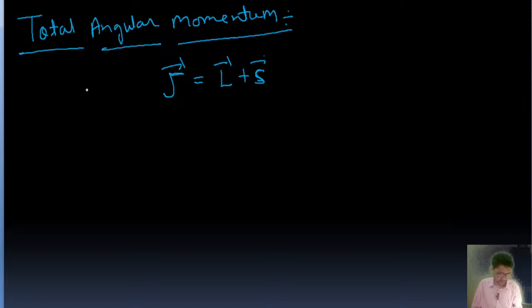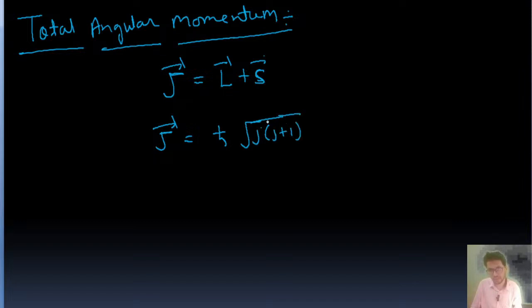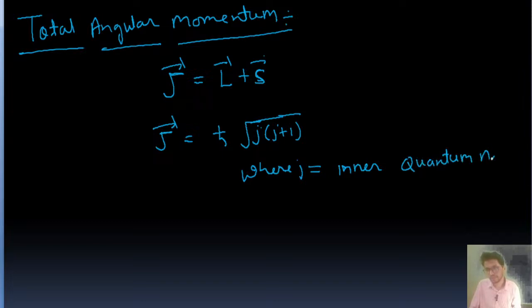This value J is h cut root J into J plus 1, where J is the inner quantum number.